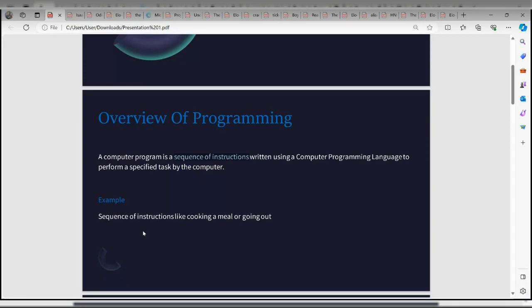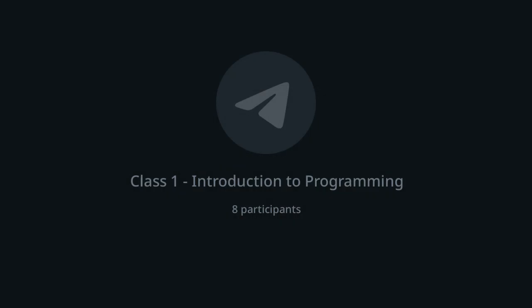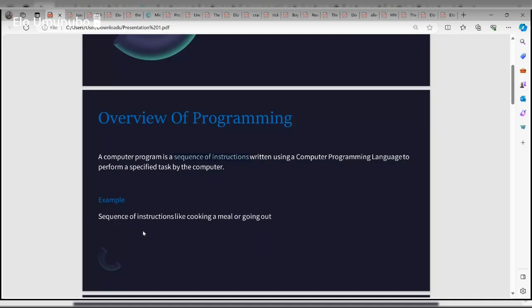In simple terms, it translates what we've written in the computer programming language to a machine language in zeros and ones that the computer can understand. So we have different languages that can help us interact with the computer and pass on this sequence of instructions to perform a specified task by the computer.